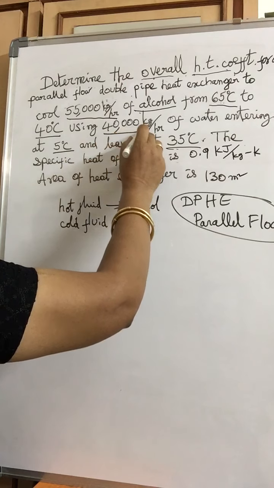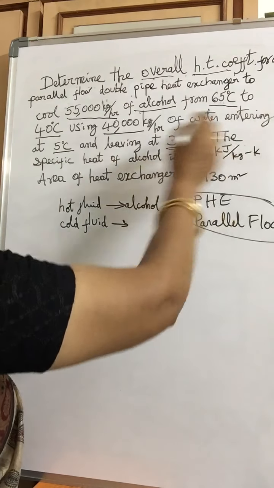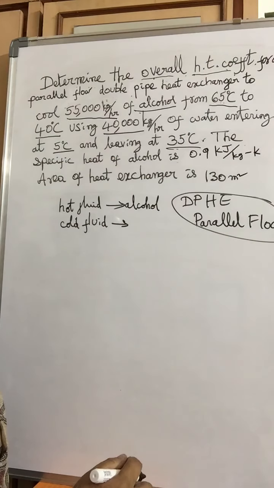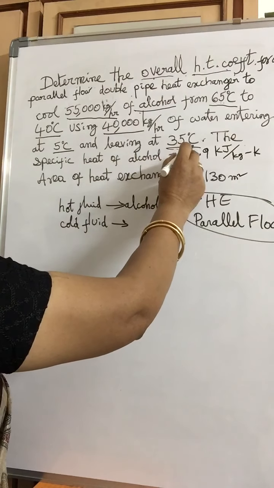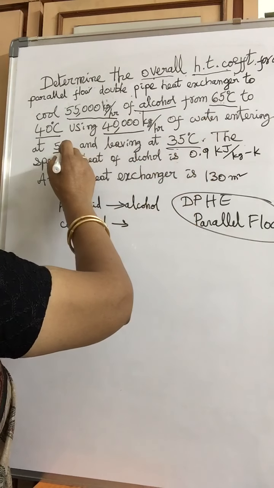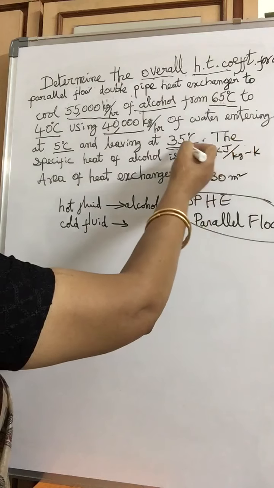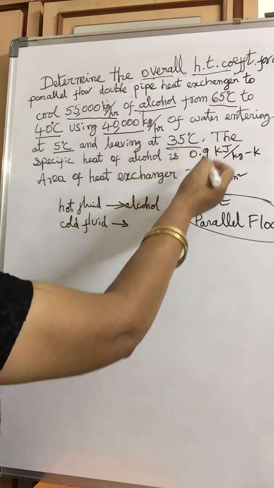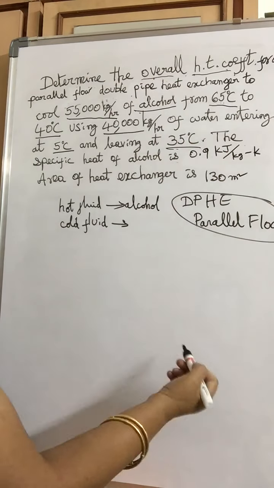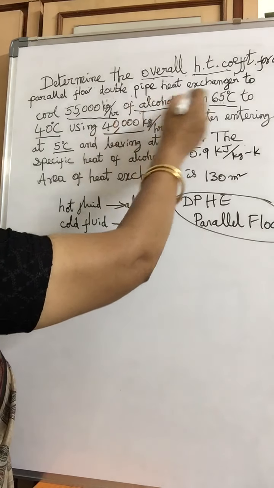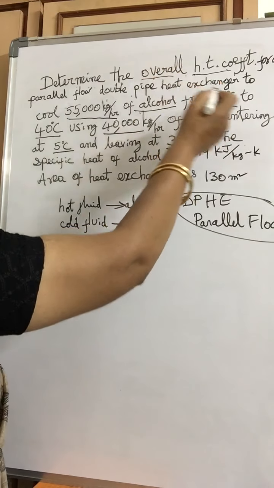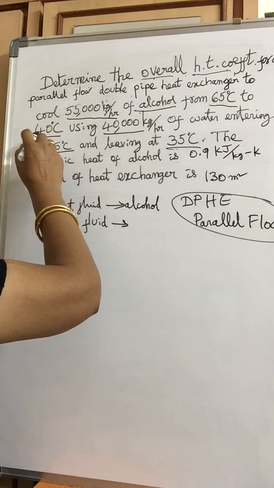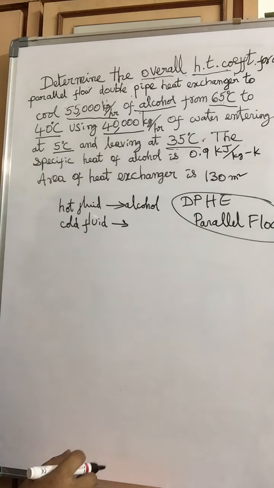Using 40,000 kg per hour of water entering at 5 degrees centigrade and leaving at 35. Water is entering at 5 degrees and getting heated to 35, meaning water is gaining all the heat that is lost by alcohol. Alcohol is entering at 65 and getting cooled to 40 degrees centigrade.